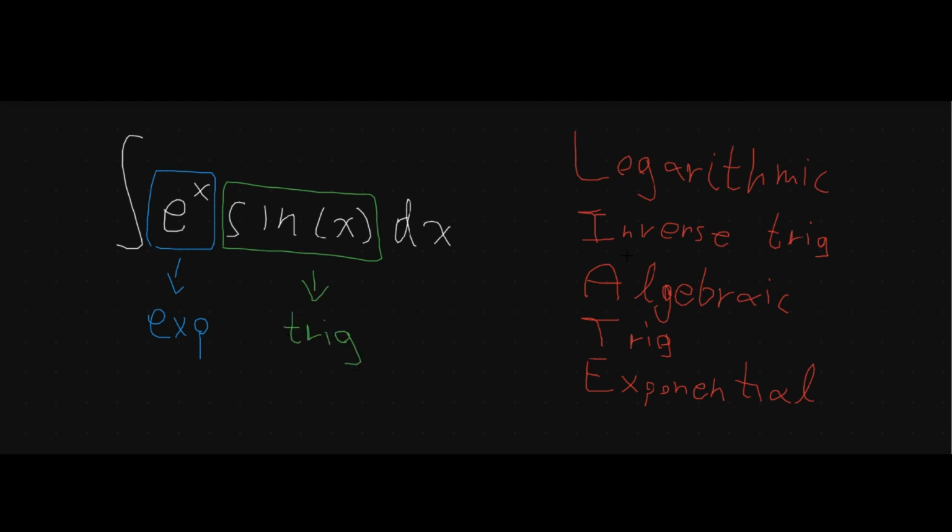So which one comes first in our LIATE list over here? We notice that the trigonometric comes before the exponential. So we choose u to be sine of x, the trigonometric function. Let's see how this is going to help us out to solve this integral. We have u v dash.